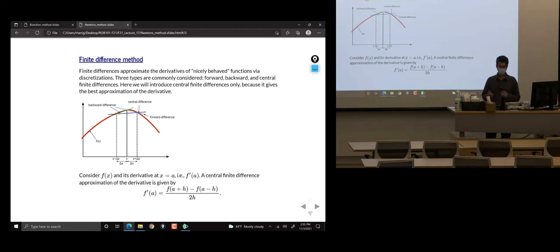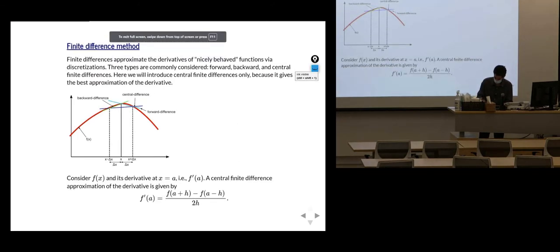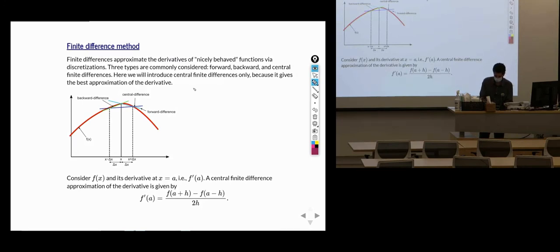There are three ways of calculating the finite difference. The first one is the forward difference. It says that the derivative of this function at the point x can be approximated as f of x plus some h minus f of x, divided by h.